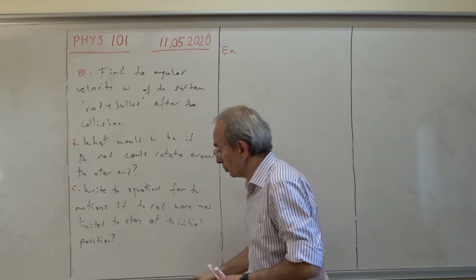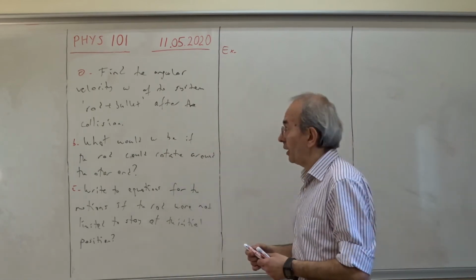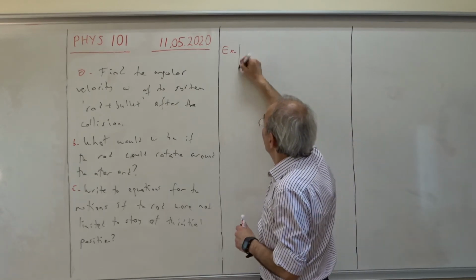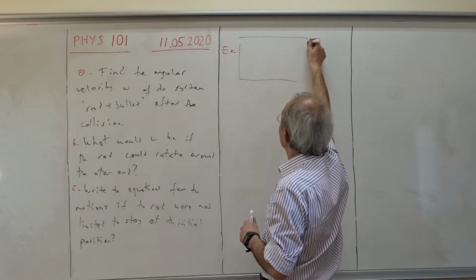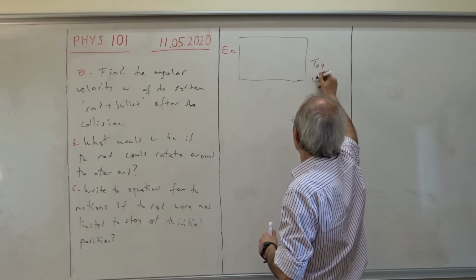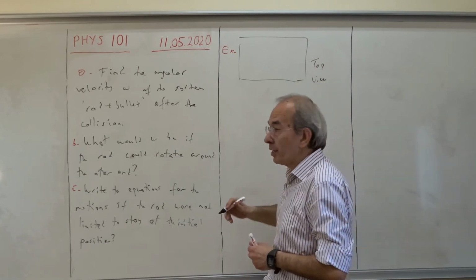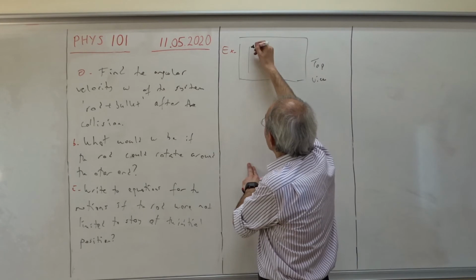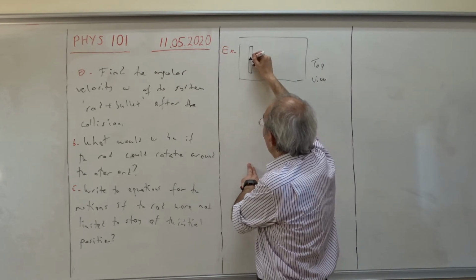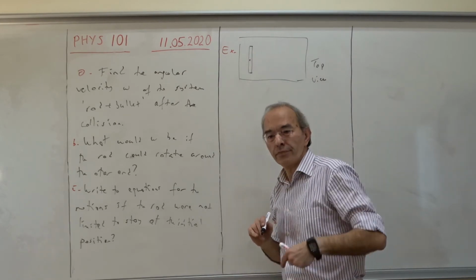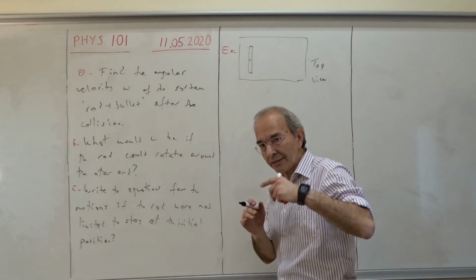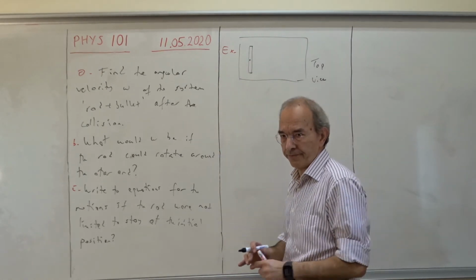So let us look down the system. So we have the top view, which is the following. Here is the rod, and it is fixed at the midpoint, so it can rotate but doesn't move on the surface.